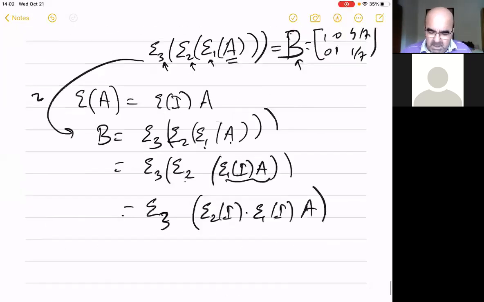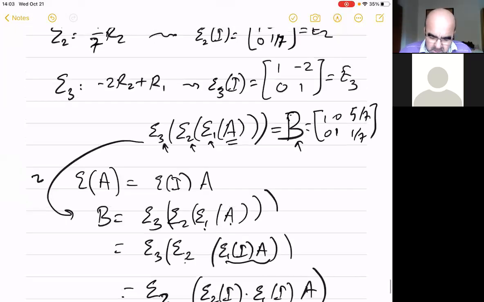Namely, let me repeat again. Instead of saying that you apply the operation epsilon to A, you can do it this way, or you can apply this operation to the identity matrix and then multiply it by A. Of course, their sizes must be the same in order to be able to multiply these two matrices.